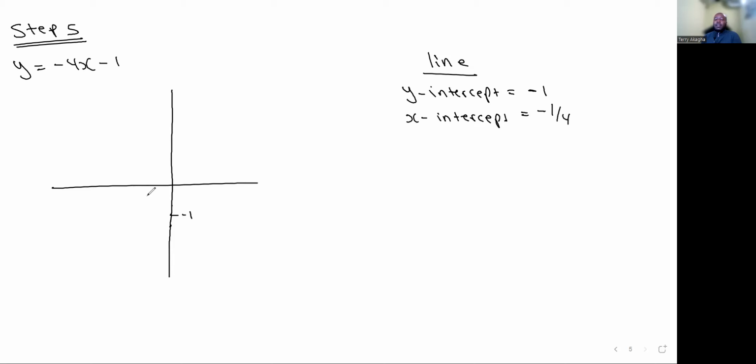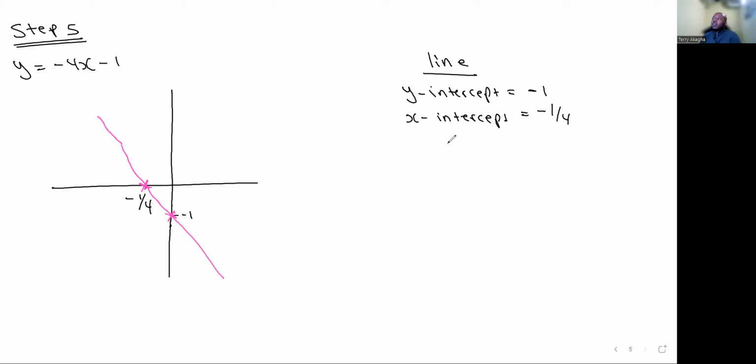And the x-intercept is -1/4, so let's say we have -1/4 here. These are the 2 points, so we can now draw a line that goes through these 2 points like this. So this is y is equal to -4x minus 1.